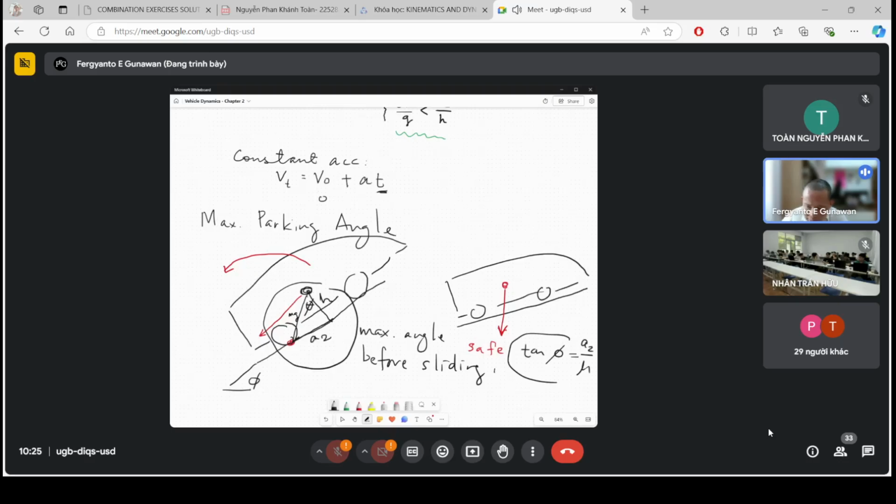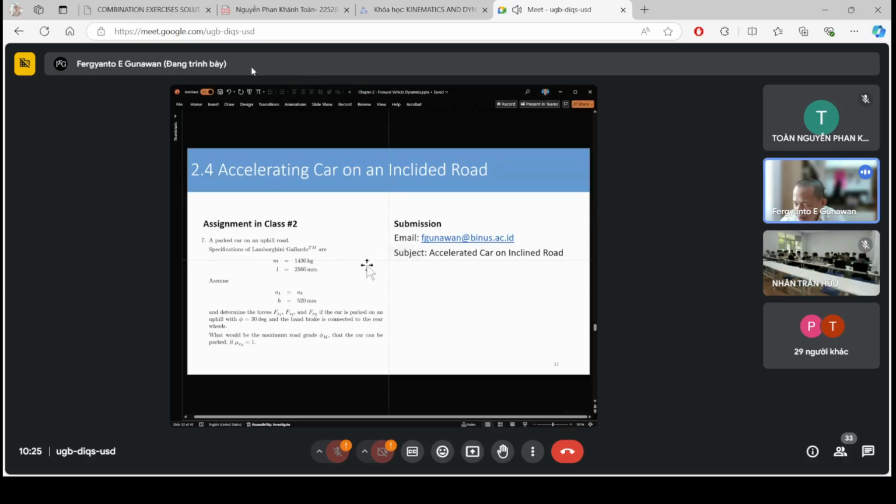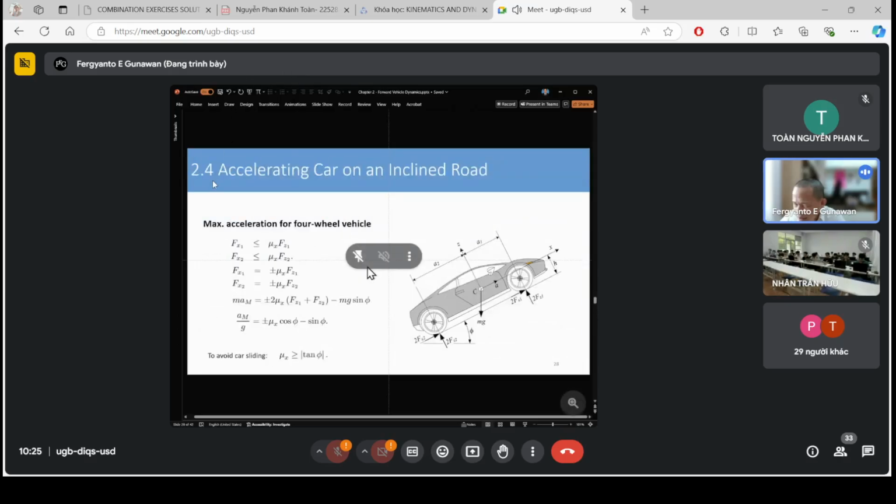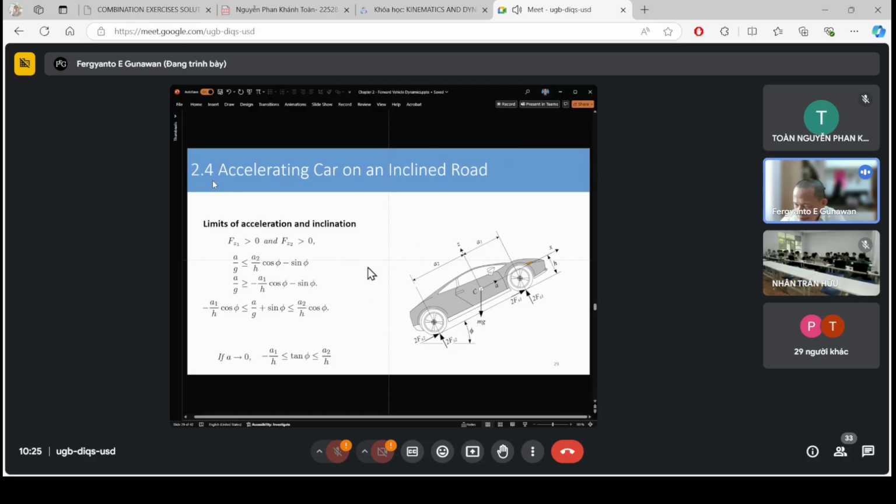As you can see in the slides, let me show you the slide. As you can see here, the maximum angle should be less than a2 divided by h.